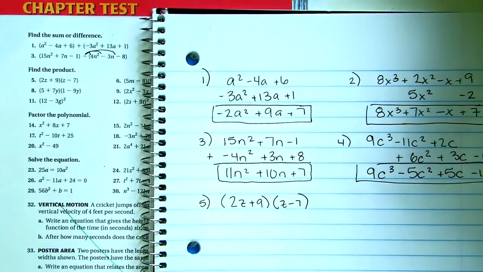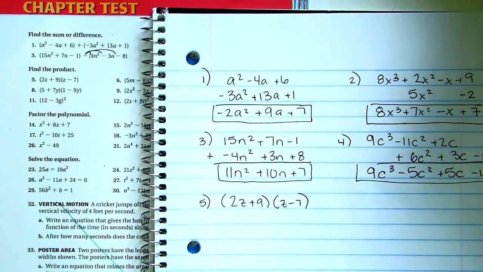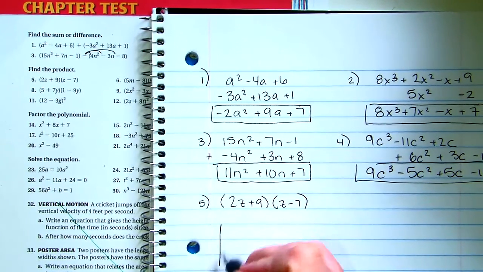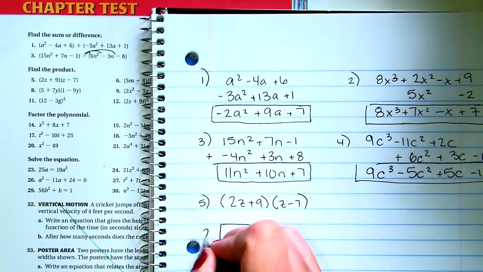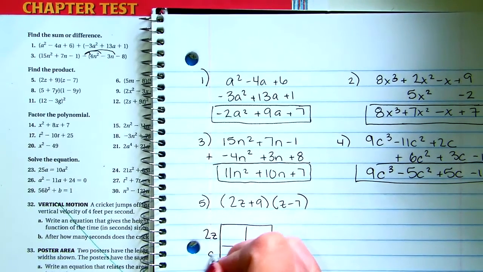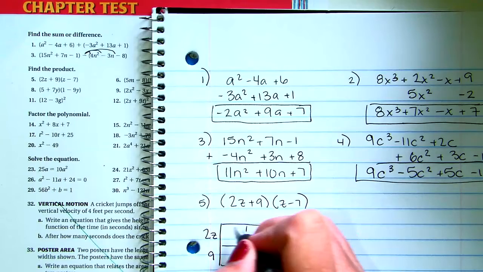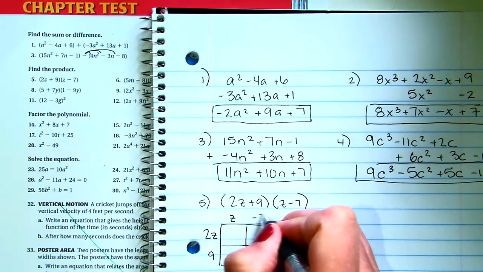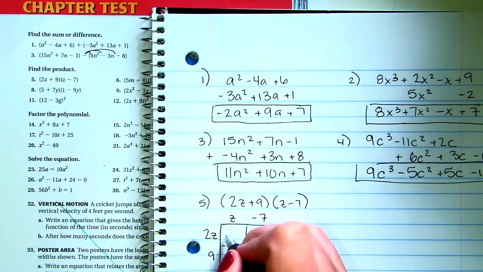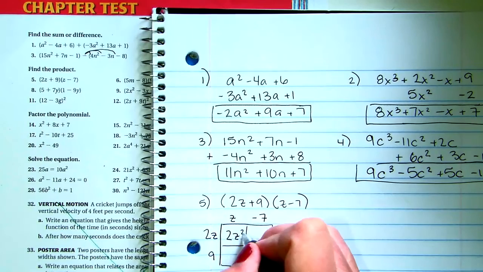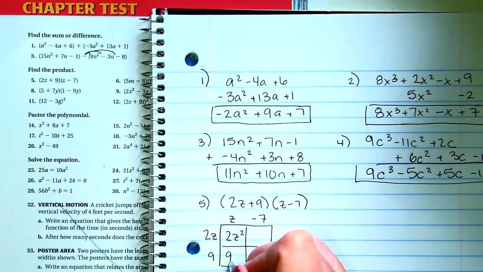So in this first section, I have 2z plus 9, and I have z minus 7. Using the box method, I have 4 terms here, so I'm going to make sure that I have 4 boxes. I'm going to put 2z on the outside, 9 as well. I'm going to put a z up top and a minus 7. 2z times z is going to give me 2z squared. Z times 9 is going to give me 9z.